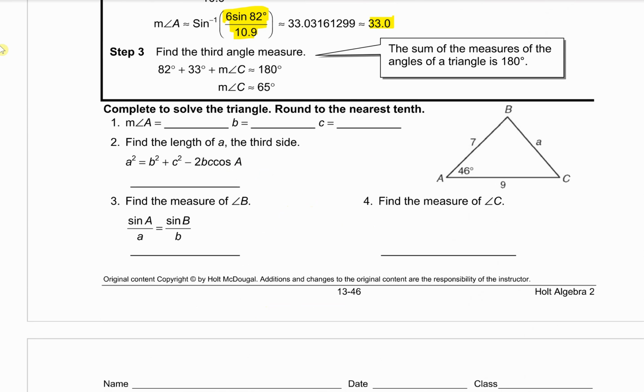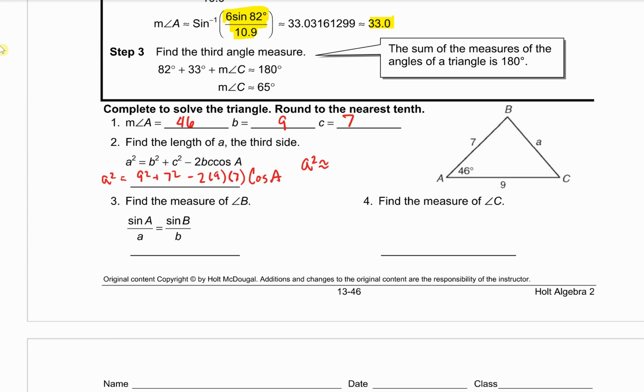Here we have another example very similar to that one. We've got angle A is 46, b is 9 and c is 7. So I'm going to find a. So a squared is going to be 9 squared plus 7 squared minus 2 times 9 times 7 times the cosine of A. On my calculator, when I work that out, I get that a squared is about 42.5.